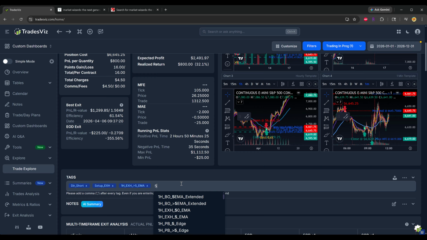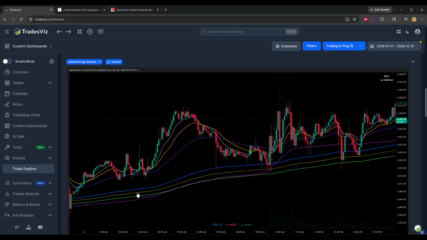Now I'm going to look at the trend. The crossovers. I like looking at the crossovers because that tells me a bit about my direction. So I took it at the bull end.